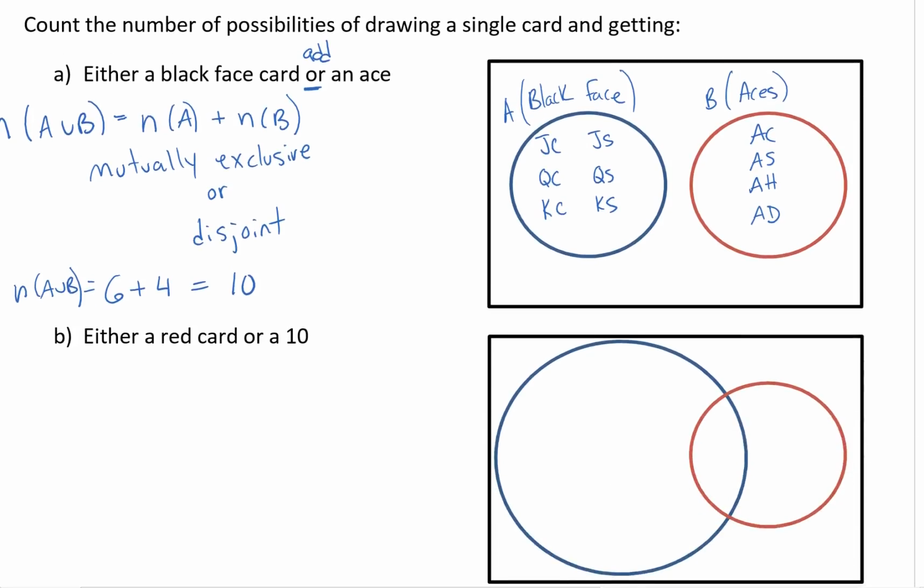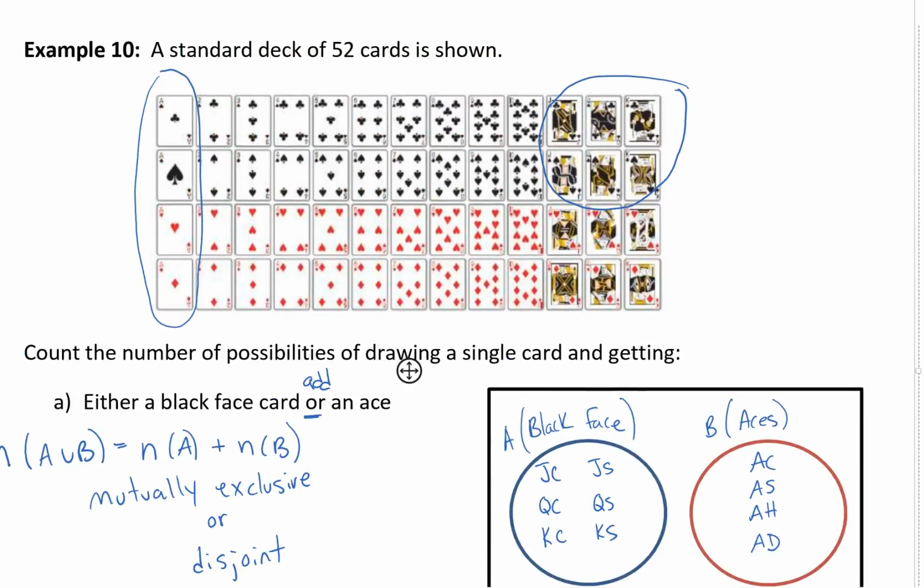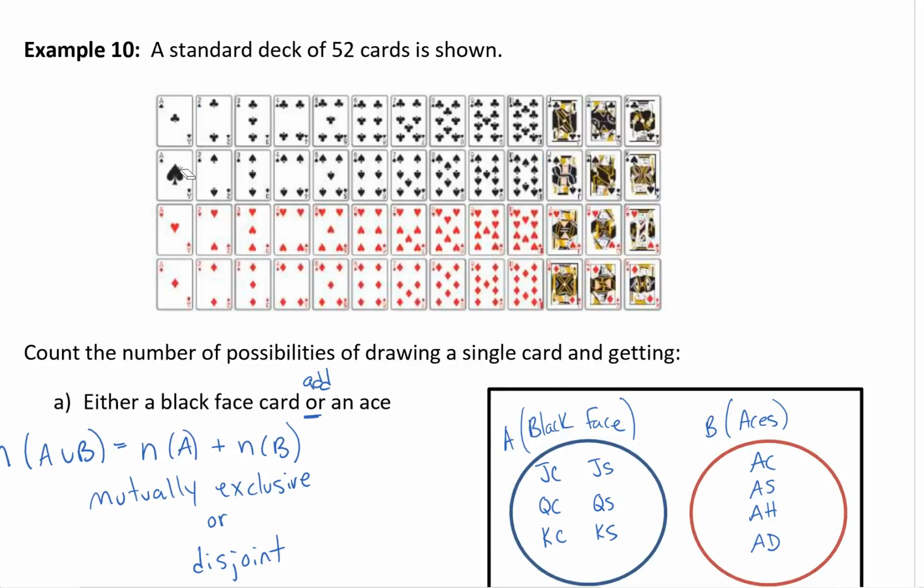For B, it says either a red card or a 10, right? So here's A and here's B. Here's our red cards or a 10. If we look up here at our cards, our red cards are all the ones in this section here. And our 10s specifically are these 4 here.